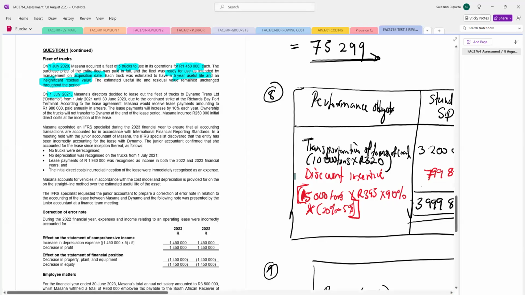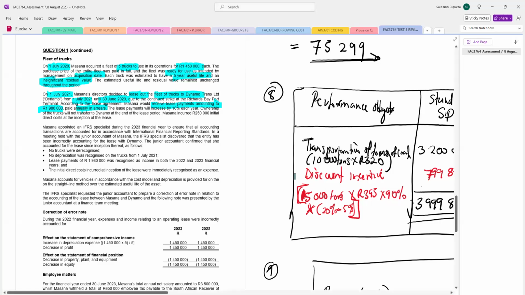On 1 July 2021, Masana's directors decided to lease out the fleet of trucks to Dynamo. So the company is the one leasing out. Okay. So it's the lessor. They decided to lease out the fleet of trucks to Dynamo Trans Limited from 1 July 2021 up until 30 June 2023, which we are now, due to the continued strike at the Richards Bay Port Terminal. According to the lease agreement, Masana would receive a lease payment amounting to 1,980,000 paid annually in arrears.